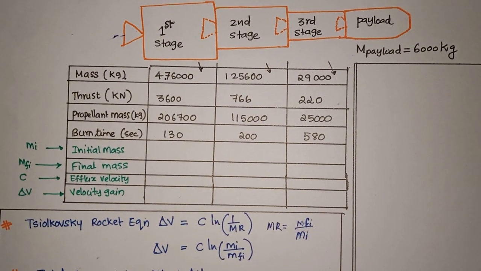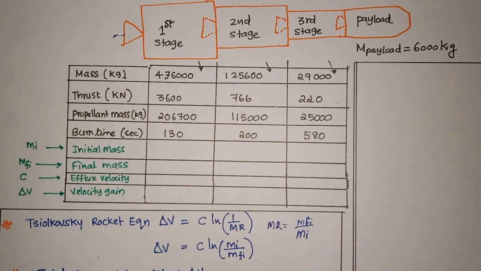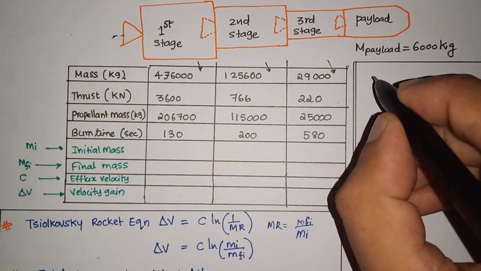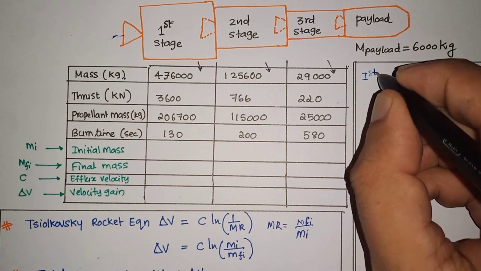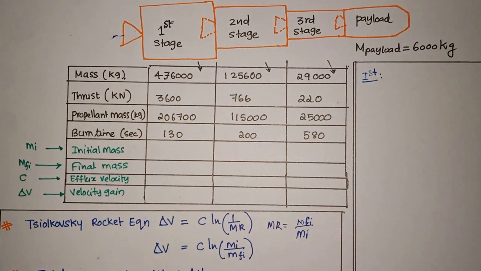So mass of the payload, we know it is going to be 6,000. When it comes to the first stage, we will write here first stage. Now the first stage is very interesting actually. The first stage is going to be the total of the entire stages. So what is my first stage?